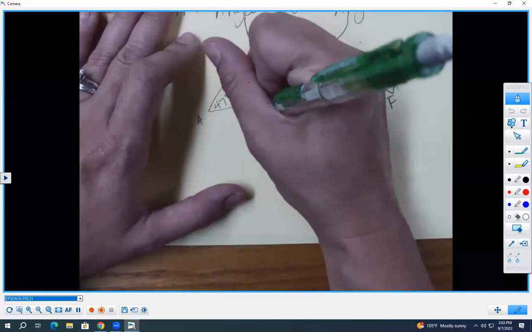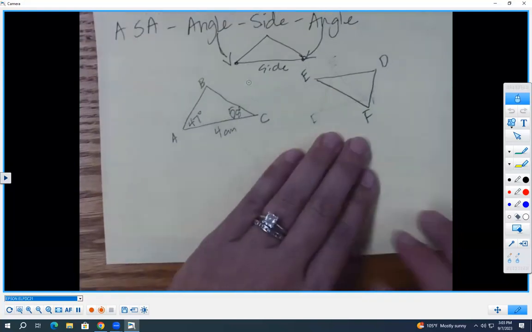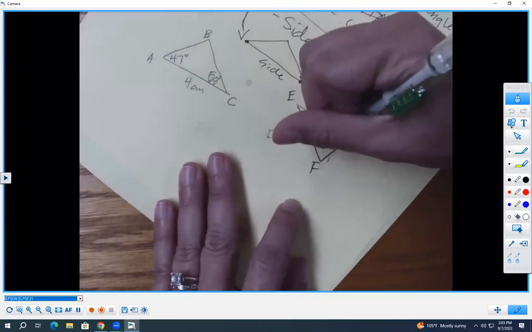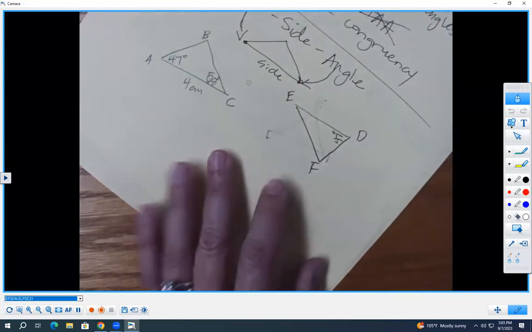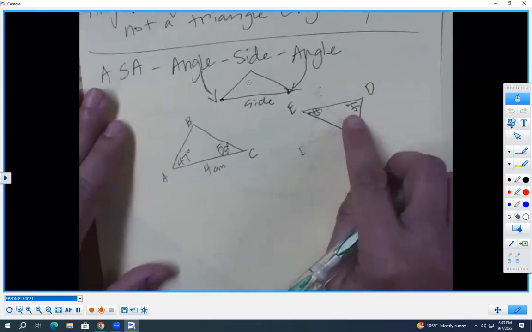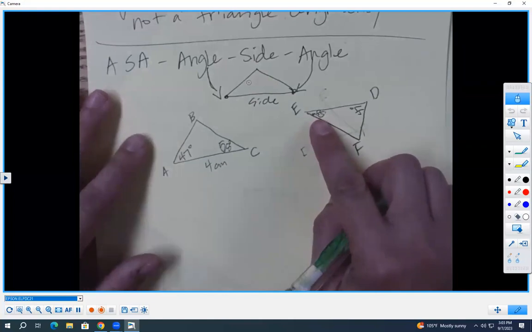And this side length is 4 centimeters. And over here, I said that this is 47 degrees, and this is 58 degrees. So 47, 58, I wrote it upside down.